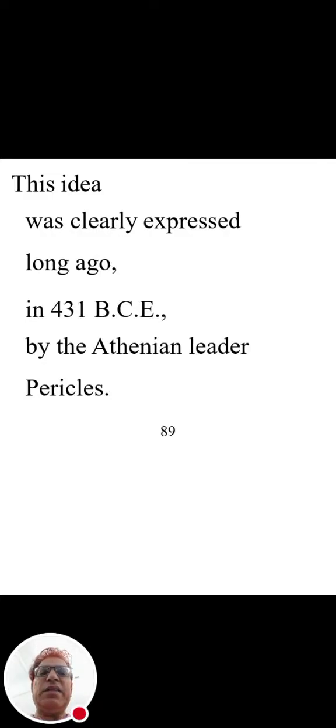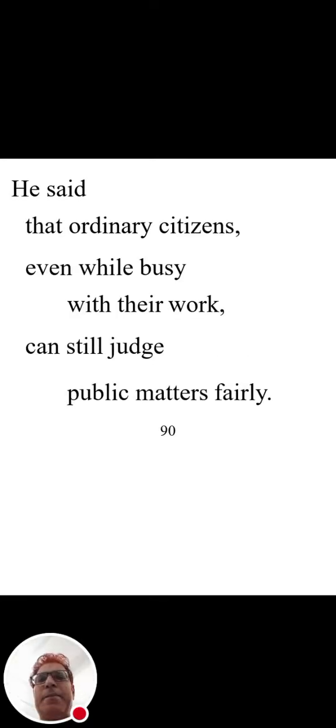This idea was clearly expressed long ago in 431 BCE by the Athenian leader Pericles. Pericles was a famous leader in Athens. He said that ordinary citizens, even while busy with their work, can still judge public matters fairly.